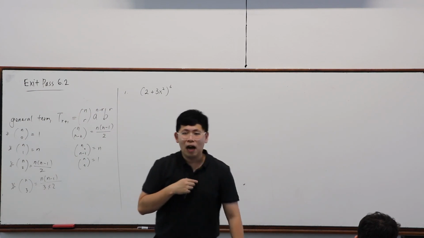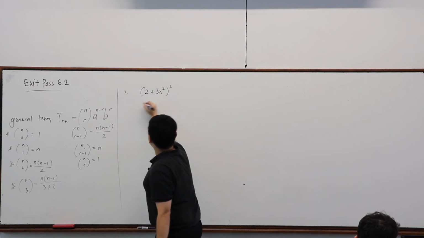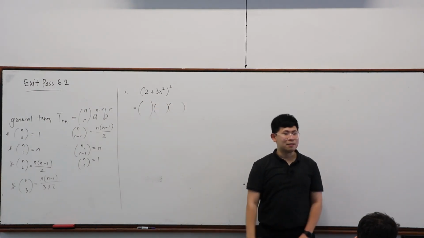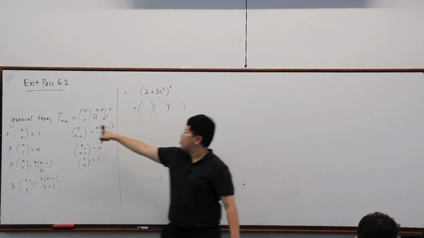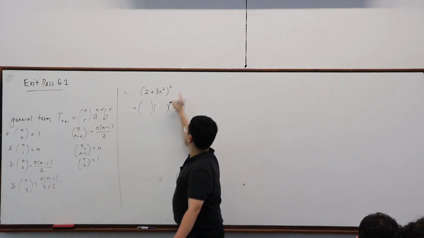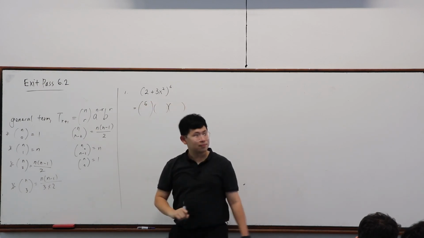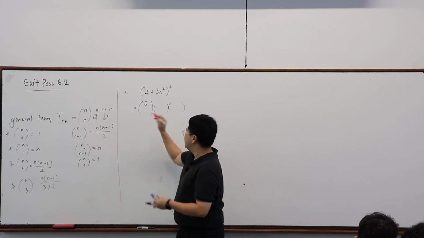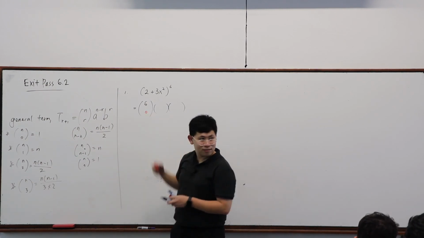So how do we do this? How to expand this, the format is like this: 3 brackets. The first bracket is your n choose r. What is n? n is the power, so n is 6. The first term is 6 choose 0.